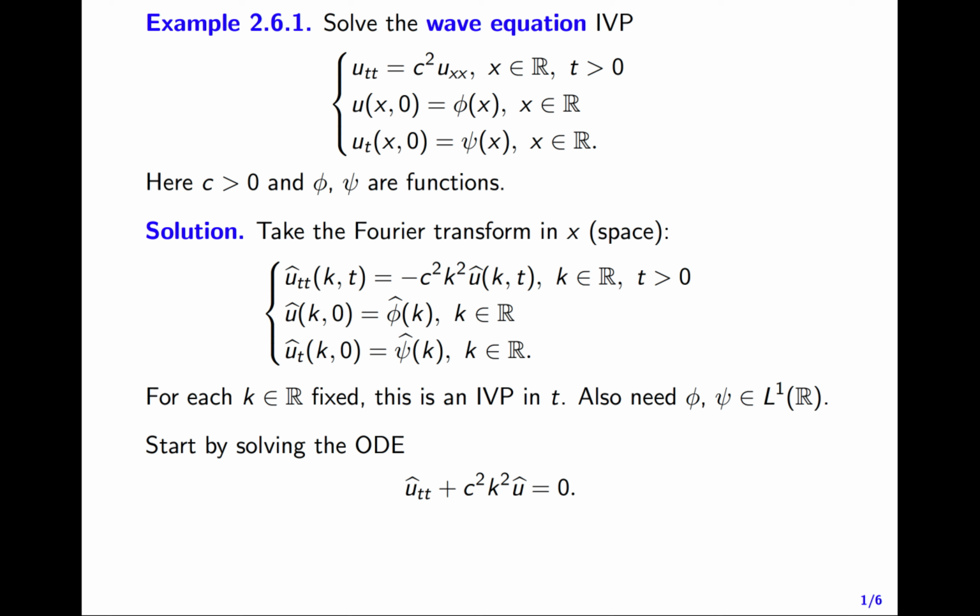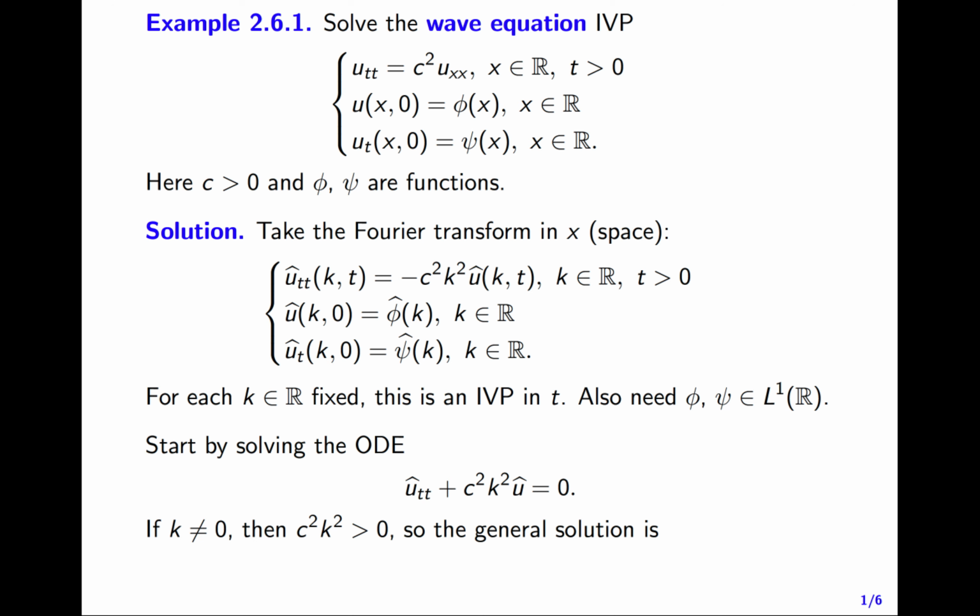If we put everything on one side of the equal sign, we have u hat_tt plus c squared k squared u hat equals 0. So remember, c and k, from the point of view of this ODE, are fixed parameters, and the ordinary differential equation is taken with respect to time. So this is a second-order constant coefficient differential equation.